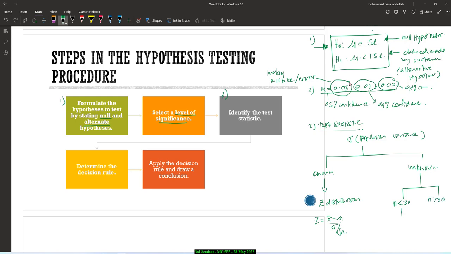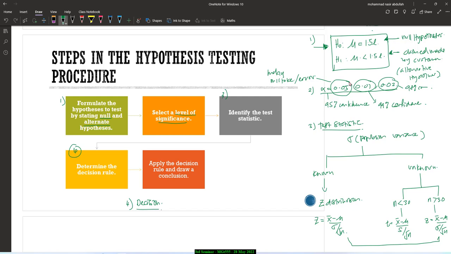If the sample size is less than 30, we're going to use T distribution, which is X bar minus mu divided by small sample standard deviation s divided by square root of N. If the sample size is more than 30, we use Z distribution, X bar minus mu divided by sigma over square root of N. Benda yang sama lah. This one are the same. And then step number 4, we need to make a decision lah.